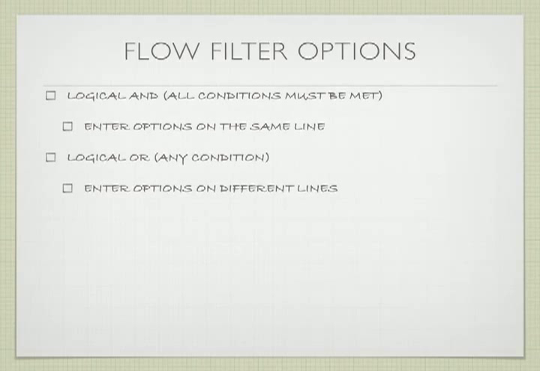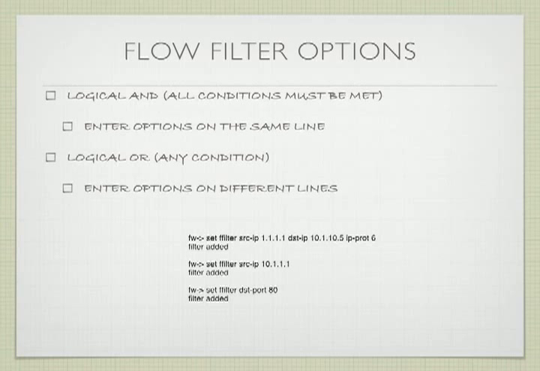You can set up logical OR conditions if you need to cast a wider net and pull in multiple things to see what's happening on the device. To do this, you simply set multiple filters. When you set multiple filters, anything matching any of the filters will go to the buffer, while on the same line, everything has to be met.